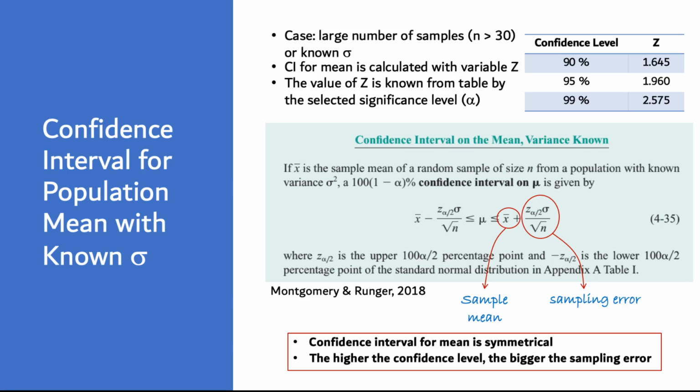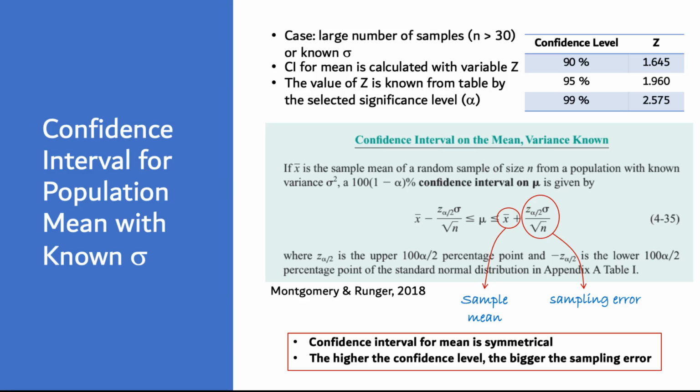The higher the confidence level, or the lower the significance level, the z-value associated with that significance level will increase. You can conclude from the formula that increasing the confidence level increases the sample error and widens the confidence interval.